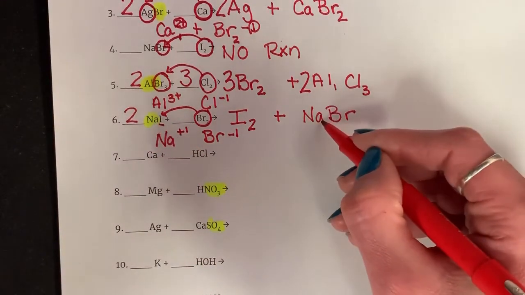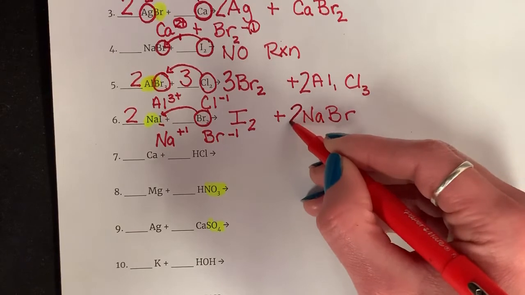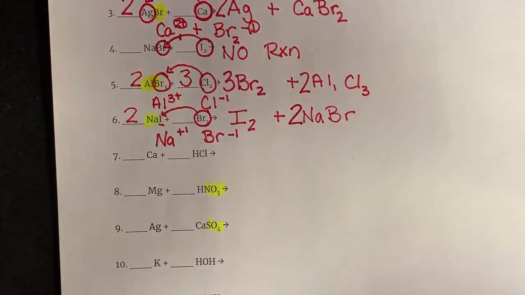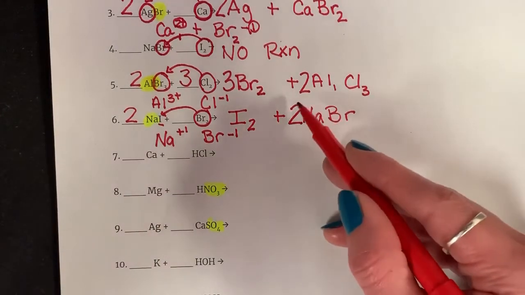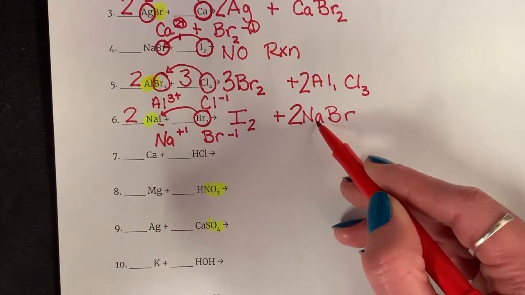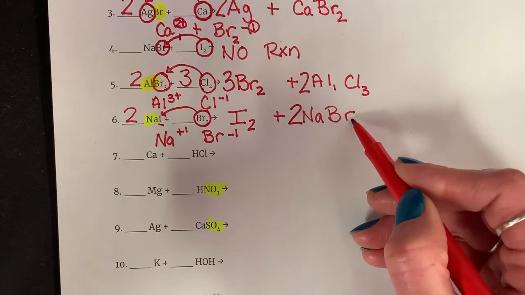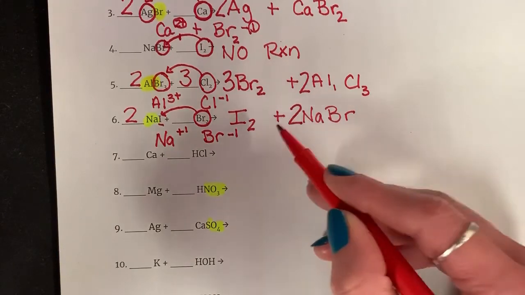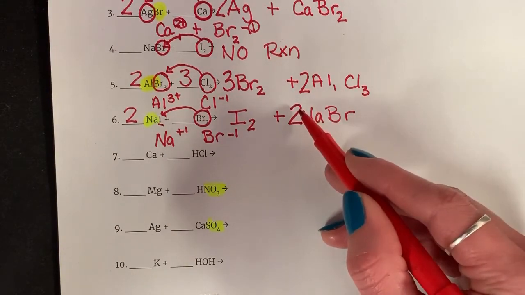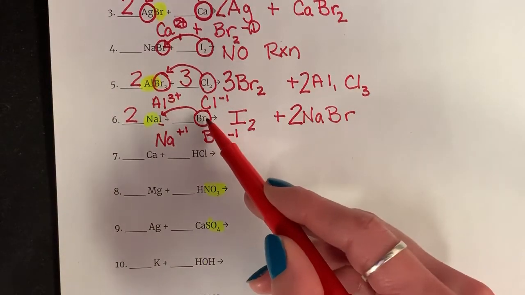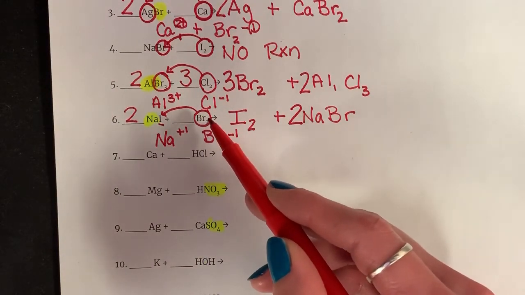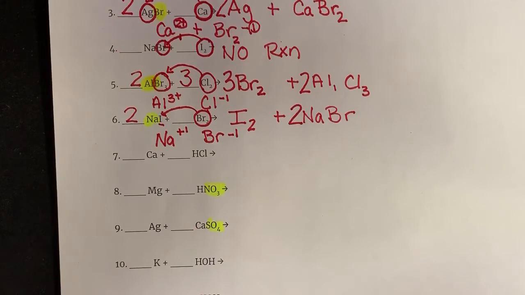So I need to come over here and I need to multiply that sodium by 2. Okay? When I look at this, 2 fixed sodium, but he also changed Br. I had 1, now I have 2. If I look at the left, I originally had 2 Brs, so now everything's balanced and good.